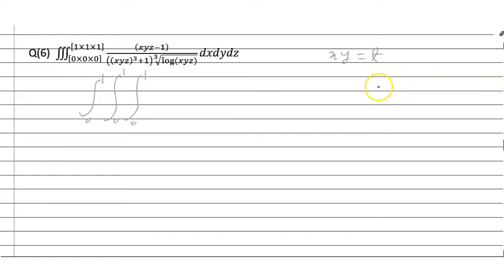So friends, whatever we get, xy is equal to t, that implies y dx is equal to dt.